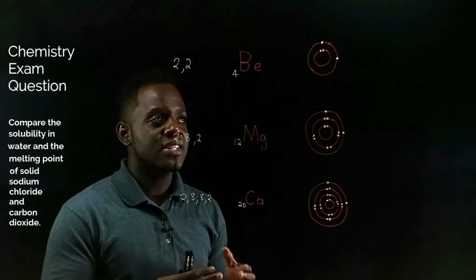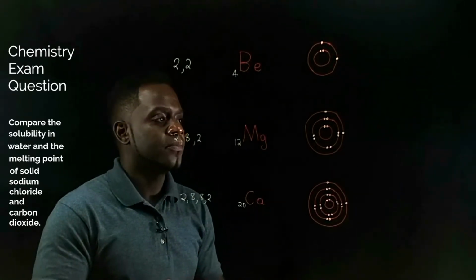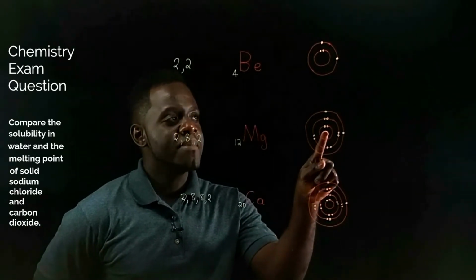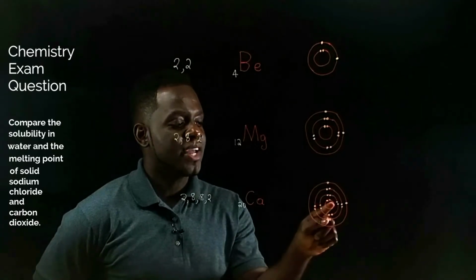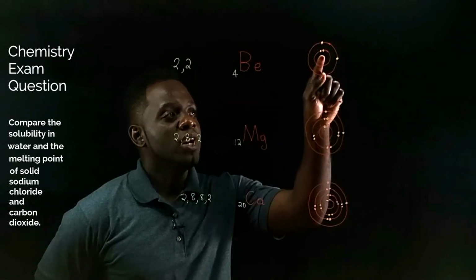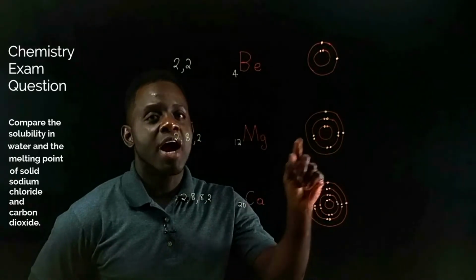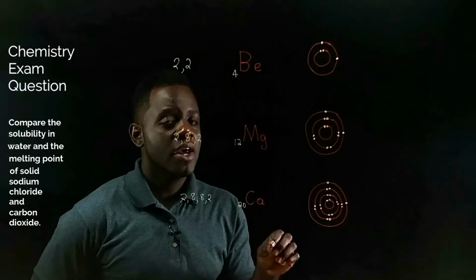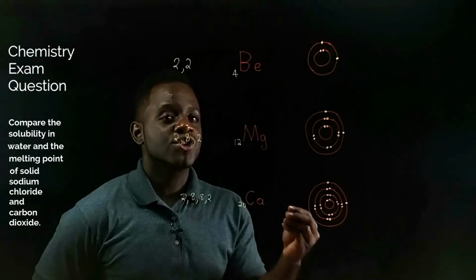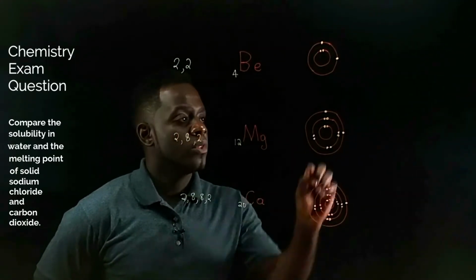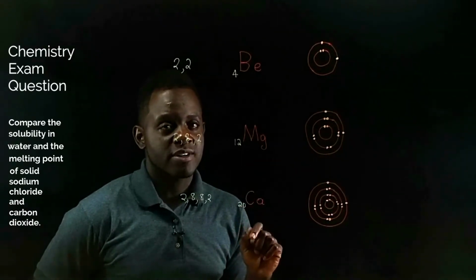And now let's dive in a little deeper. The nucleus of these atoms, and let's just imagine that it's there in our diagrams, contains protons which are positively charged, and they are attracting the electrons. Our concern is with the valence electrons.